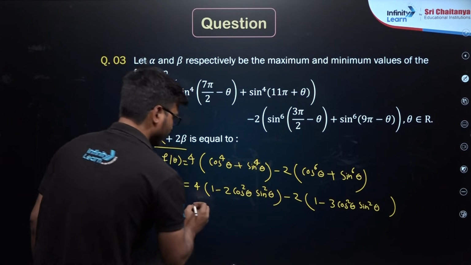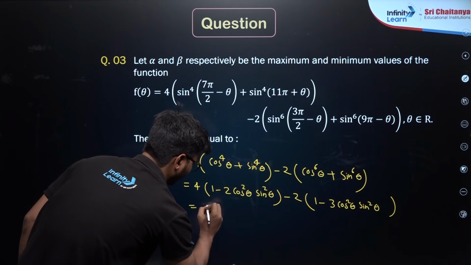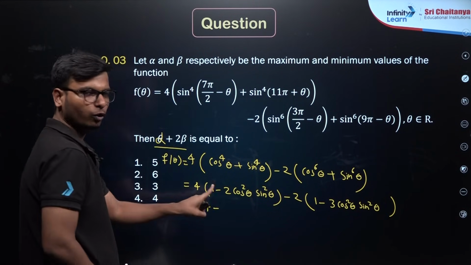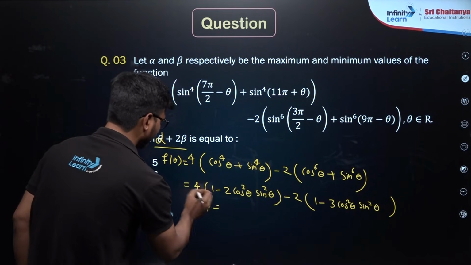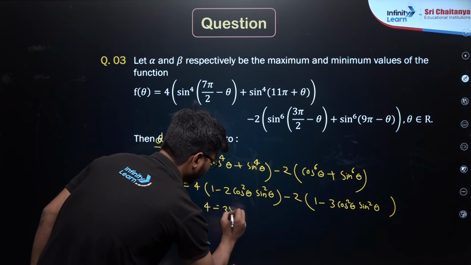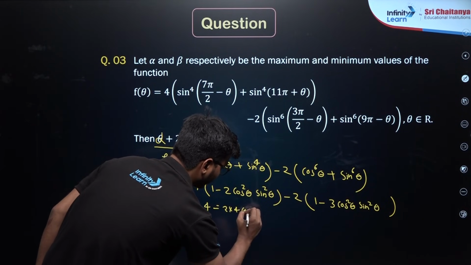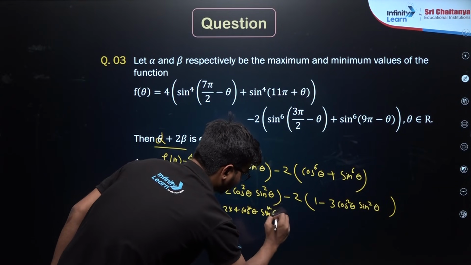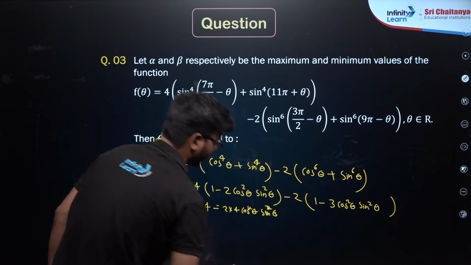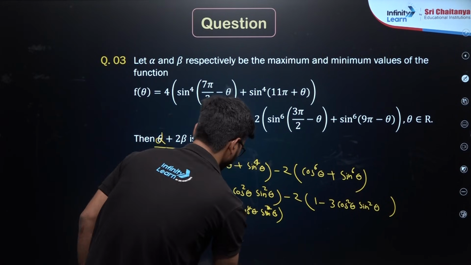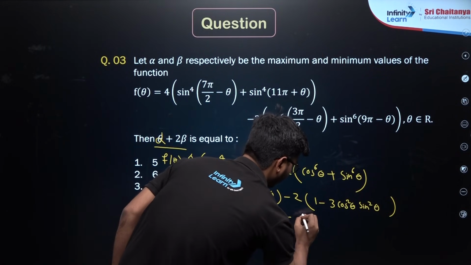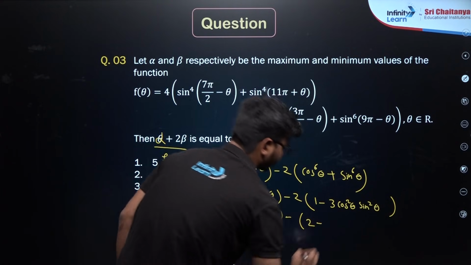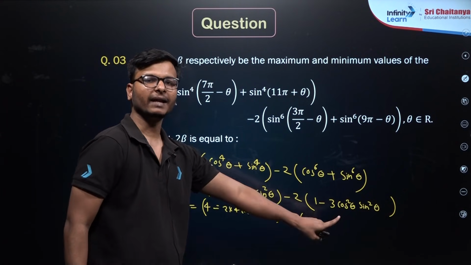Now if you observe, just simplifying, I can write it as 4 1s are 4 minus 4 2s are 8. So 8 I can write as 2 multiplied by 4 times cos square theta sin square theta, it's square. Okay, now here I am multiplying 2 1s are 2 minus, here I am just dividing and multiplying by 2.